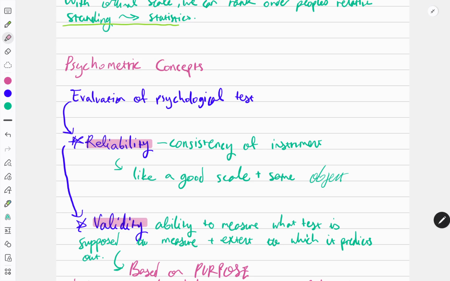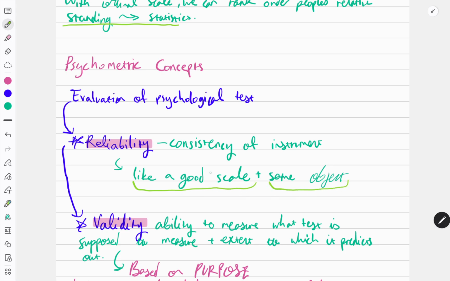Reliability is the consistency of the instrument. It's like a good scale, the same object. We can give the example of a good scale and the same object.